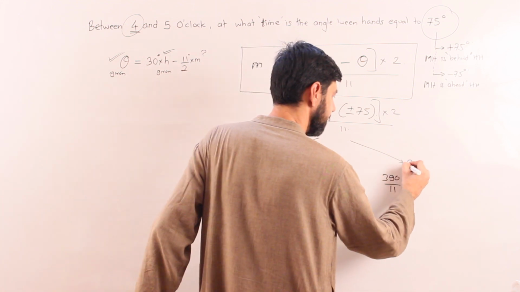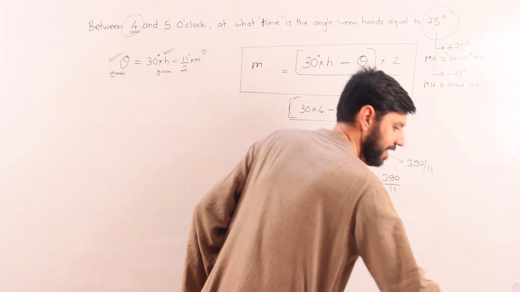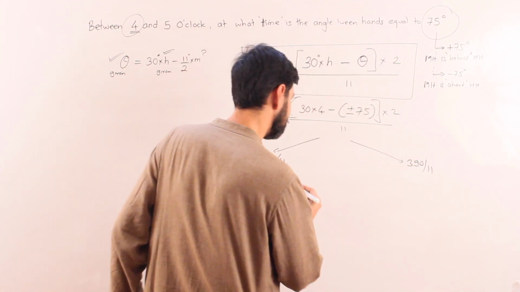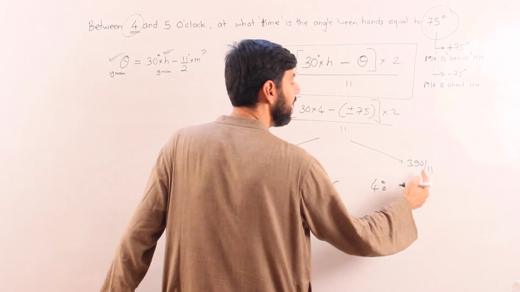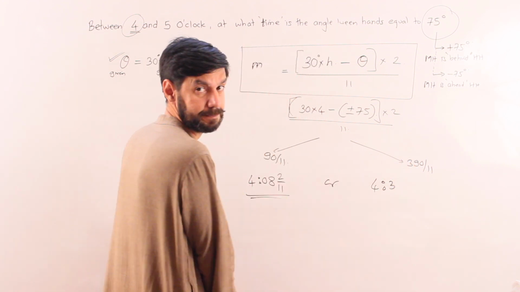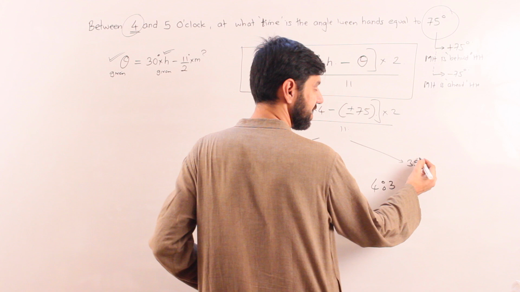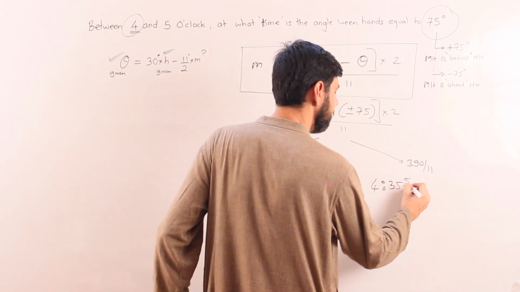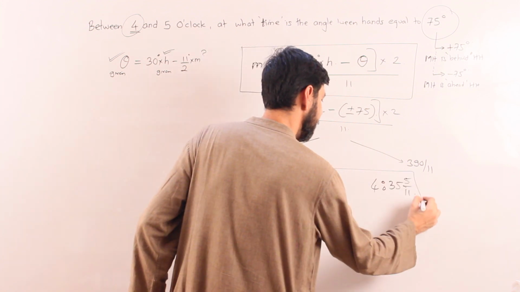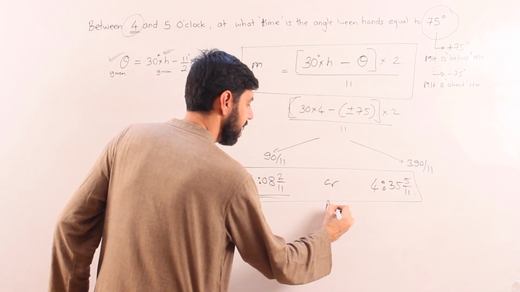Let me write it a little above so that the answers are in the same row. Or 4 o'clock, and how much is 390 by 11? 11 3s are 33. 60 carry on, 11 5s are 55. 5 left over, 5 by 11. So this is my answer to this question.